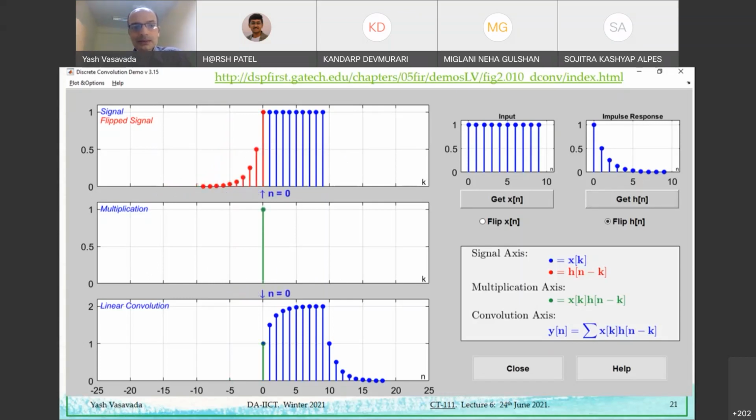So now they calculate what happens when n is equal to 0. Now this h of n is literally flipped around. And just like what we saw in our hand-drawn example, the only thing that appears is 1. Everything else is 0. And so the first output is 1. If you want to calculate what happens at n equal to 2, you see that the flipped impulse response got slid by 2 units of time.